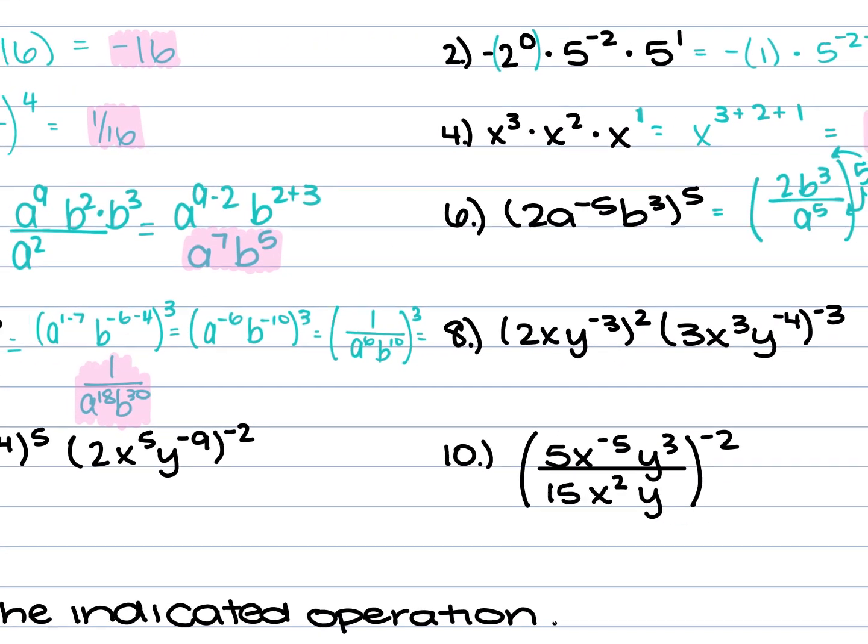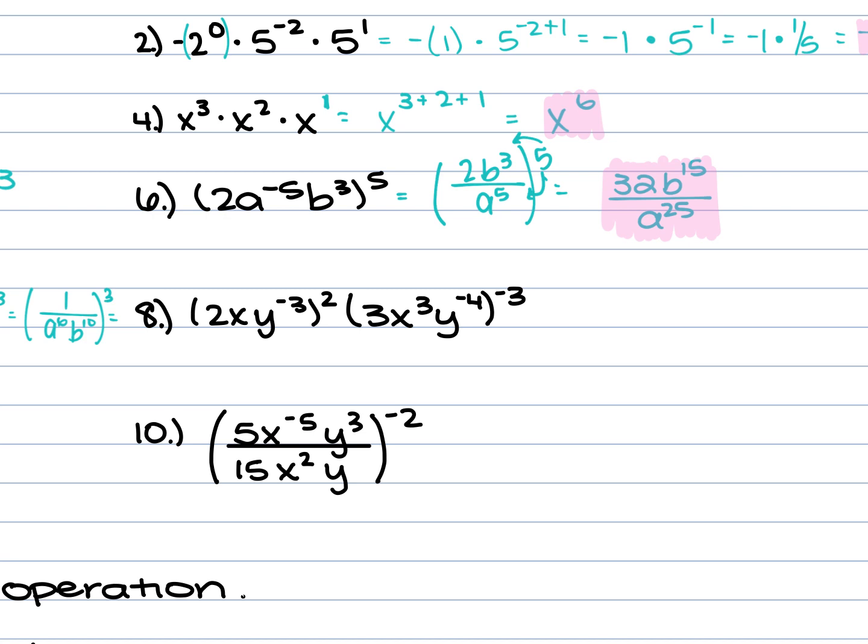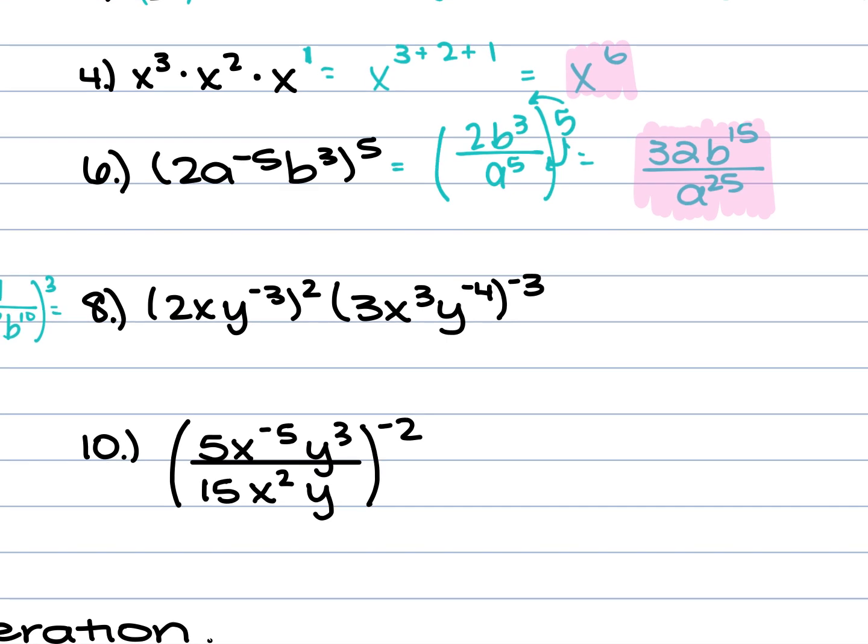For number 8, we have 2xy to the negative 3rd power squared times 3x cubed y to the negative 4th power, all raised to the negative 3rd power. If we simplify what's inside first, this is going to give us 2x over y to the 3rd power squared times 3x cubed over y to the 4th power raised to the negative 3rd power.